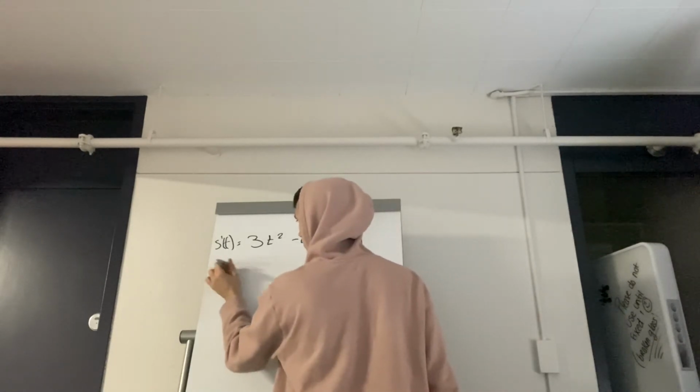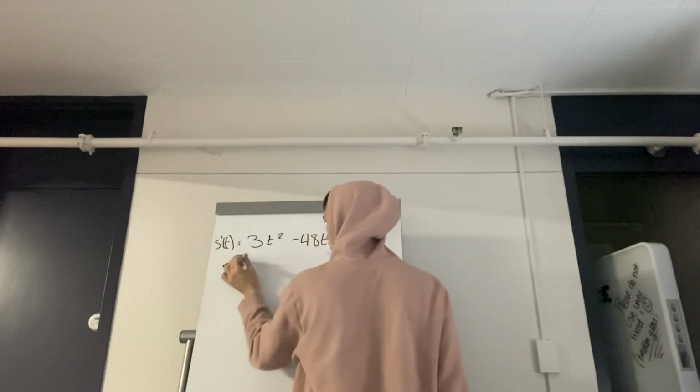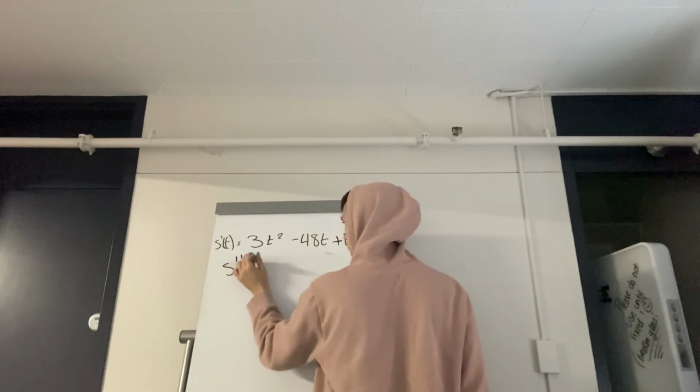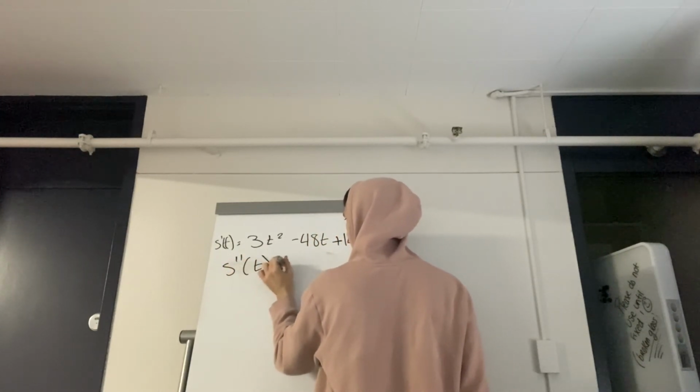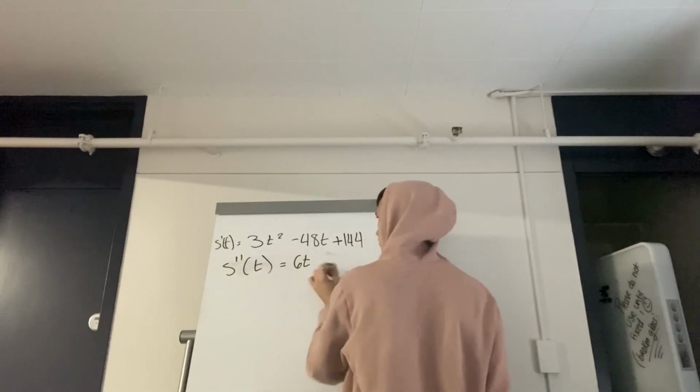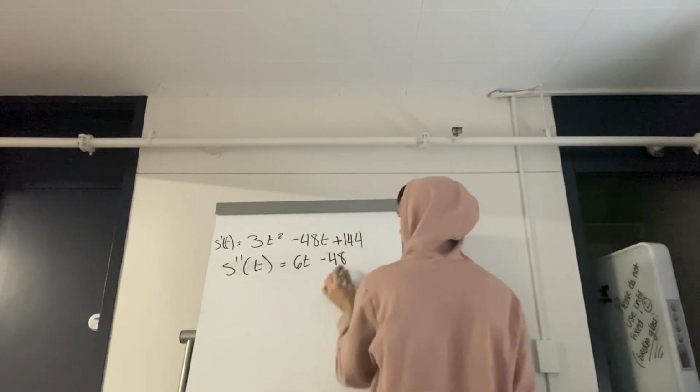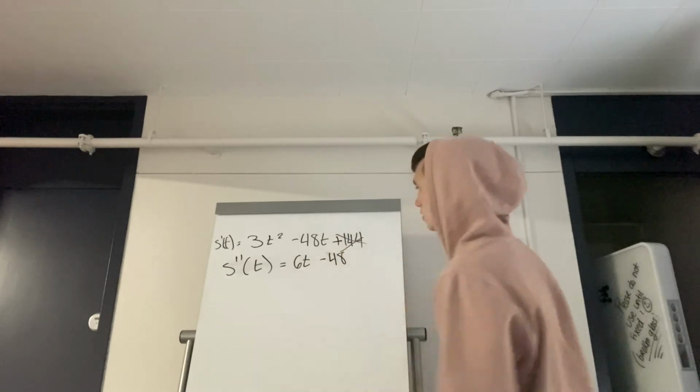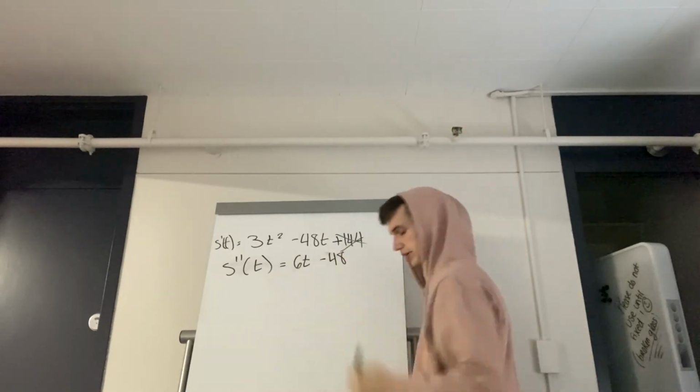So we're going to find s double prime of t, and that's going to give us 6t minus 48. This cancels because it's a constant, and this is our function for acceleration.